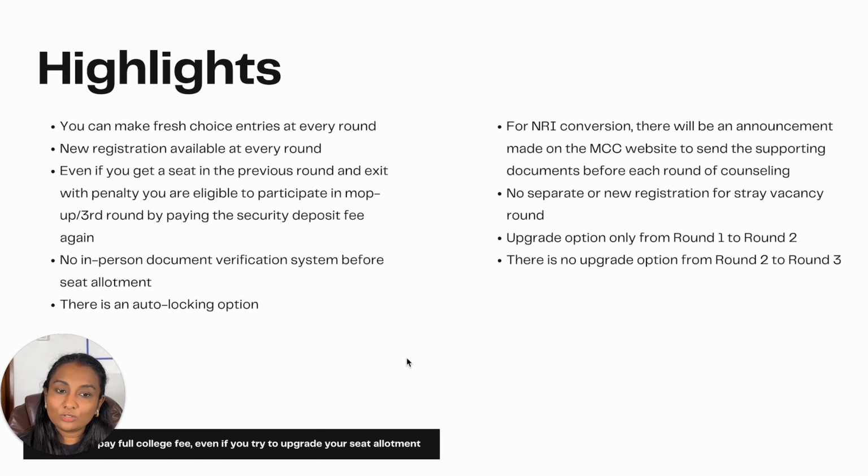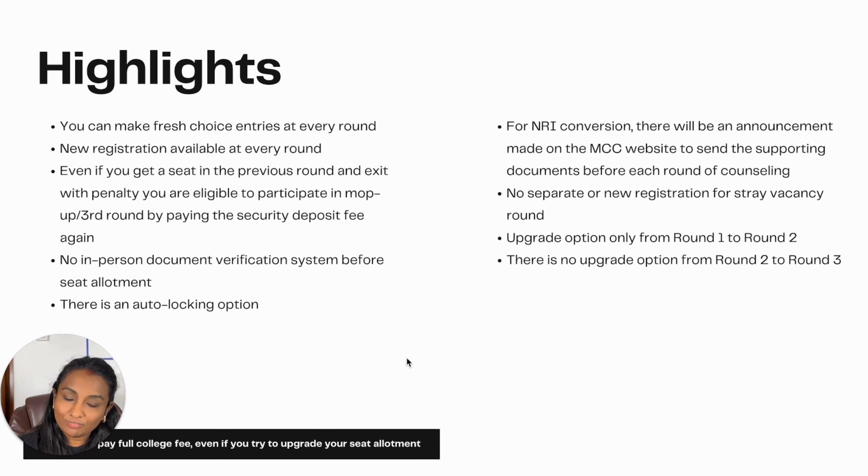Now because we did not cover this NRI conversion in the previous segment, I'll just explain a bit about the NRI conversion option. Before each round of counseling starts, MCC will put up a notice stating that students who wish to be considered for the NRI seats, please send the requested documents to MCC.